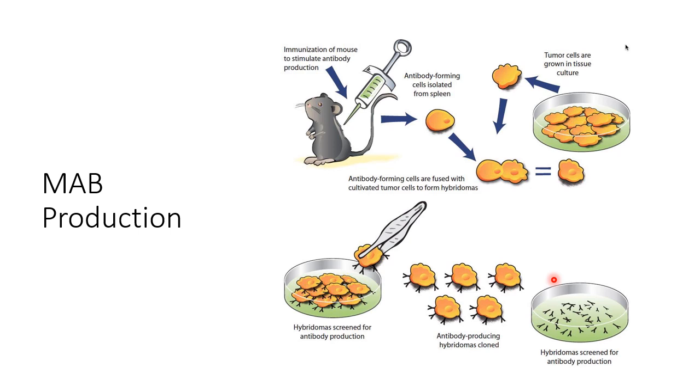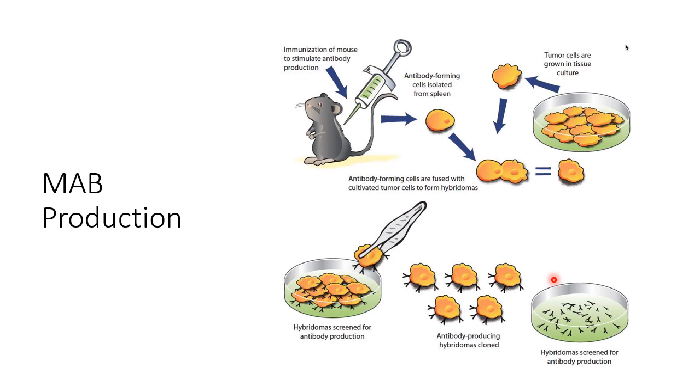You have monoclonal antibodies against interleukin-1, monoclonal antibodies against tumor necrosis factor, and you can even have monoclonal antibodies used to treat cancer. For example, bevacizumab, which is a monoclonal antibody specific for preventing neovascularization of tumor cells.